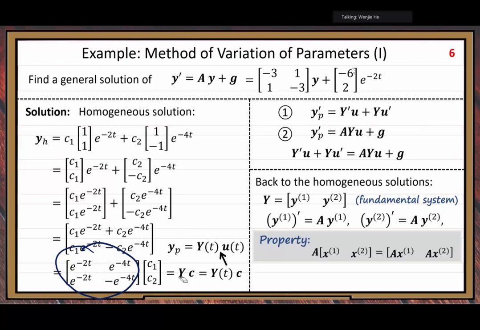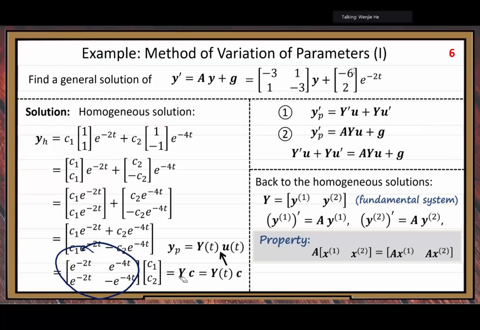So now the property. Now we try to rewrite the form. Here I just explain. When we use a matrix A multiply another matrix, the second matrix has two column vectors, X1 column vector, X2 column vector.